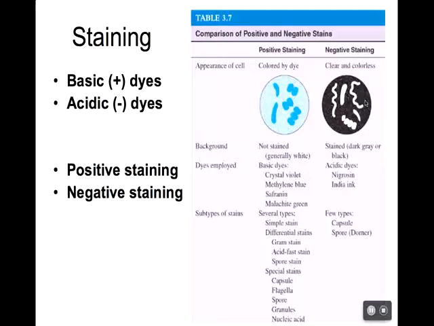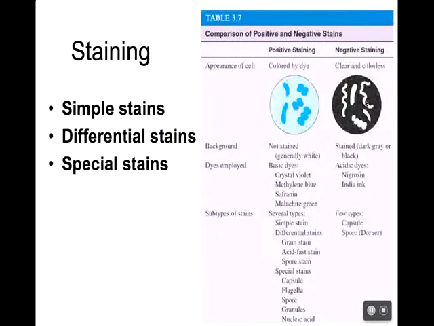All right. Staining. If you have that smear, what kind of staining could you do? You could either use a basic or an acidic dye. Basic dyes have a positive charge on them. Acidic dyes have a negative charge on them. It turns out that most bacteria have a negative charge in their cell wall.